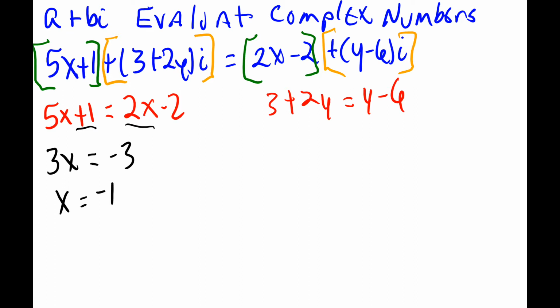Now over here in my imaginary, I'm going to do the same thing. I am going to subtract 3 from both sides, and subtract y from both sides. So 2y minus y leaves just y. And negative 6 minus 3 is just going to give me negative 9. So x is equal to negative 1, and y is equal to negative 9.